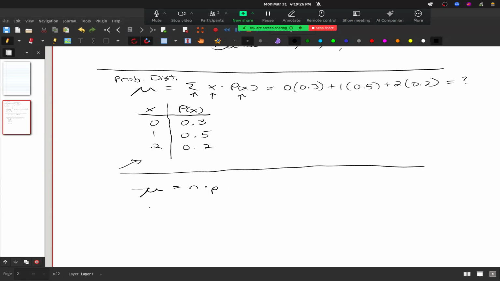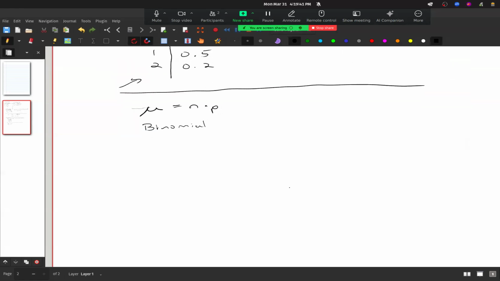But this is specifically if you know that you're dealing with a binomial situation and you want to calculate the mean of the probability distribution. Binomial. So the idea here is, in a binomial situation, it meets several criteria: there's a fixed number of trials. Each trial has two possible outcomes that we call a success and a failure.